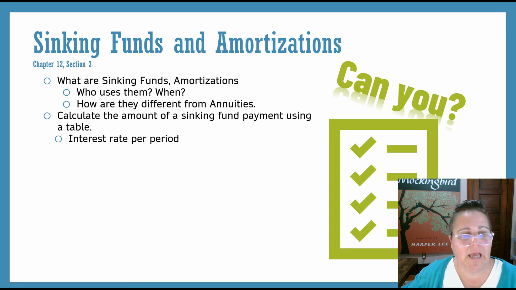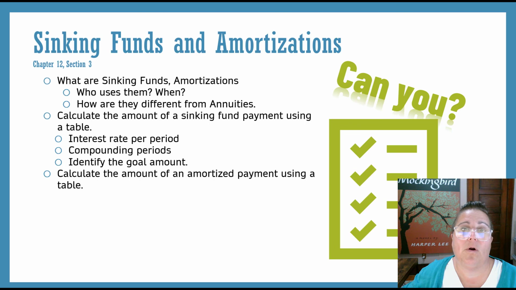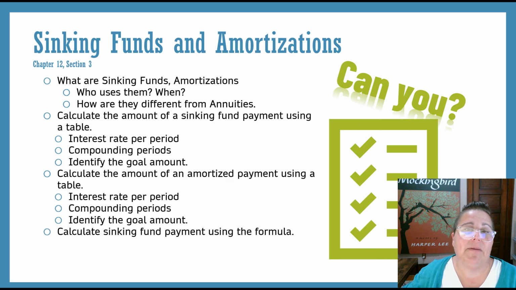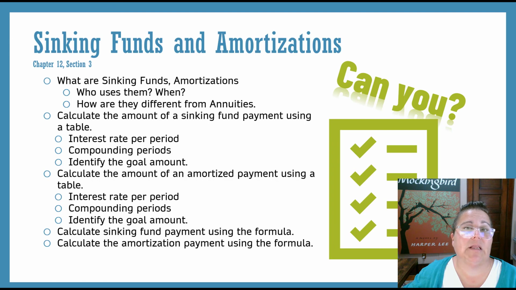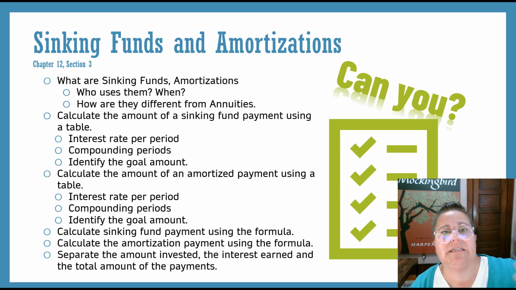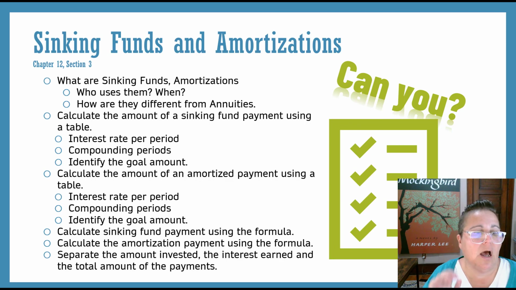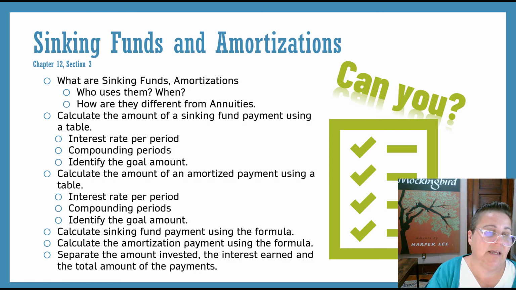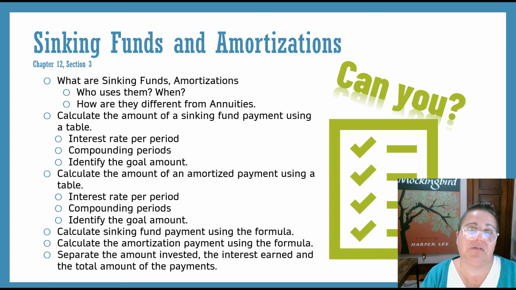Do you feel like you could calculate the amount of a sinking fund payment from a table or an amortization? Do you feel like you could calculate an amortization from a table? How about the formulas for those guys? Could you do a sinking fund or an amortization from a formula? And do you feel fairly confident about being able to separate these 3 ideas of what is the interest, what is the amount of the payments versus the amount that was actually invested? Do you feel like you could do those okay?